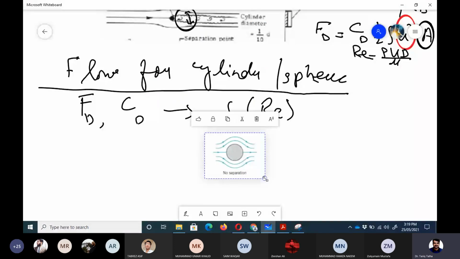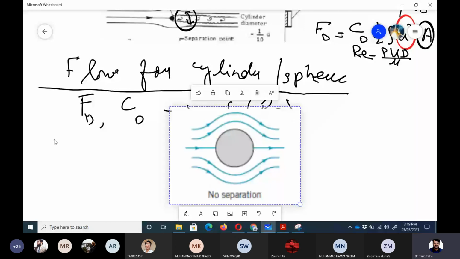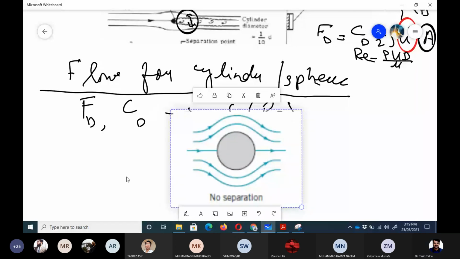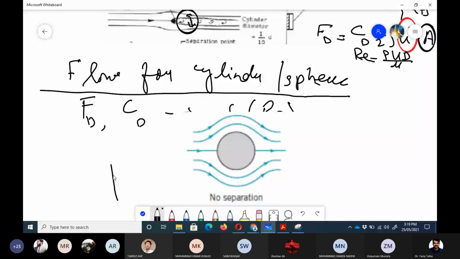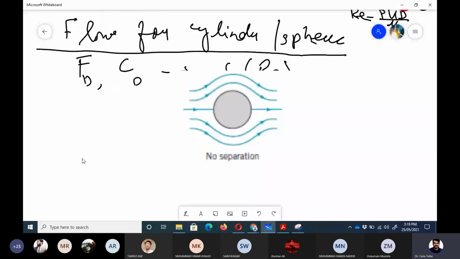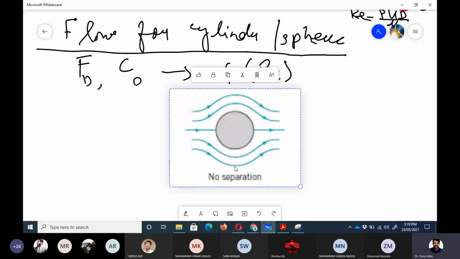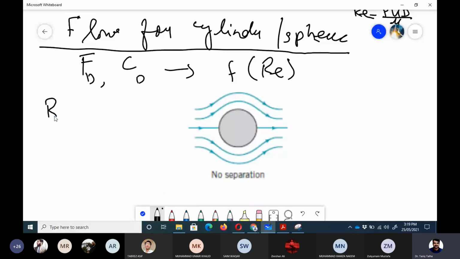So this figure shows that we have got Reynolds number, okay, so this figure is for the Reynolds number which is less than 1.